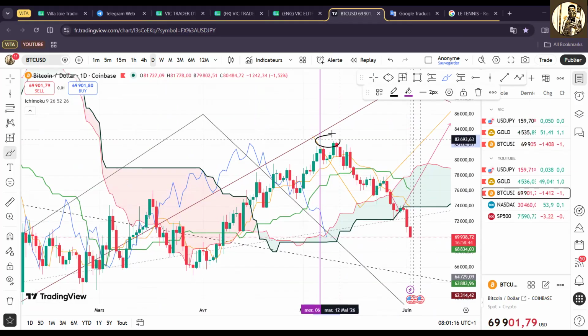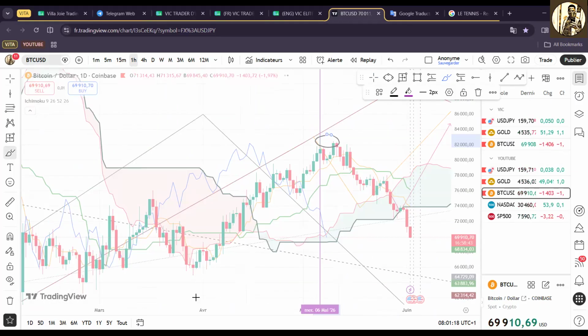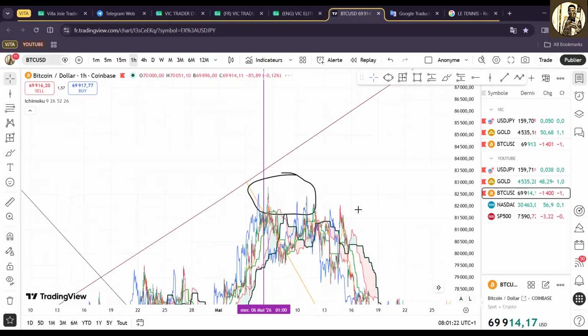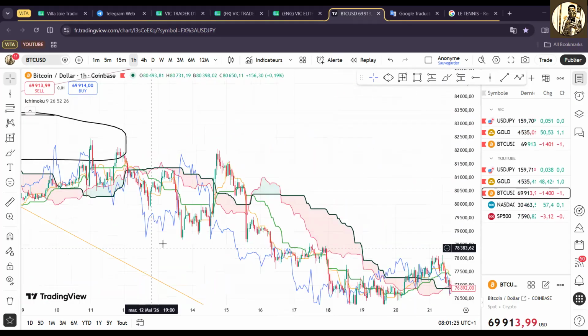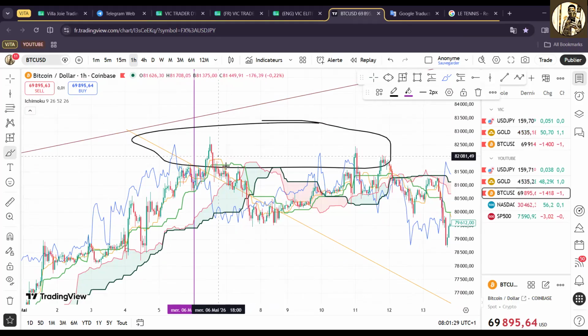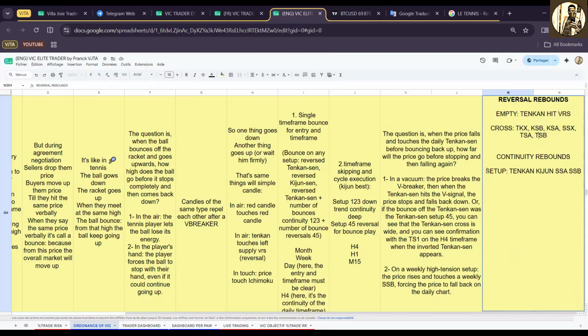In the air, when you go 1 hour, you will see that Tenkan cross creates the rebound. It's a proof that the price is bouncing down from the air. KSB also, Tenkan crossing SSA also. The cloud crossing each other to the downside also.